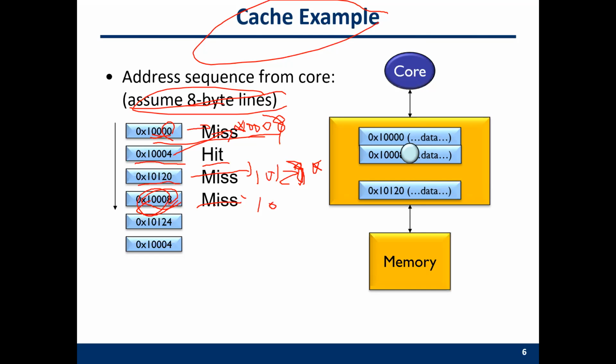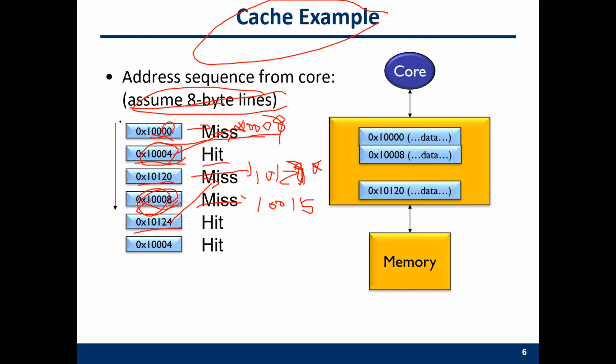So this piece of data should include from 1008 to 1015. For this address, we find a hit because it falls between these two addresses. For the last one, we have a hit because it's the same as the second access.